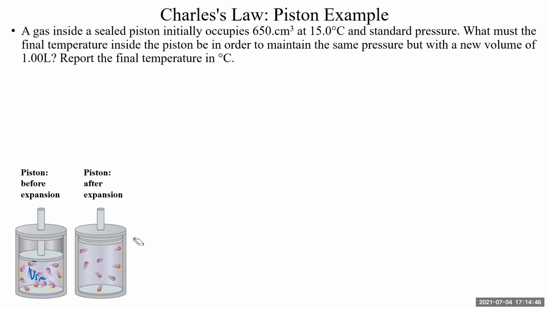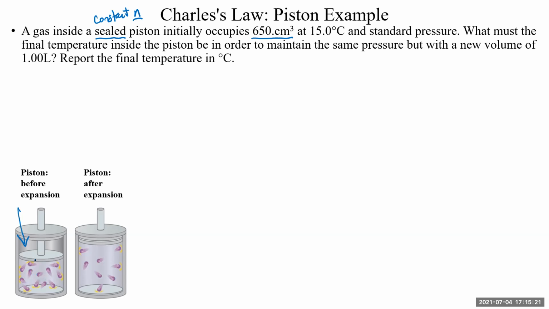Okay, so a gas inside of a sealed piston. Sealed means what? Sealed means constant moles. If the container is sealed, that means no moles of gas can escape and no moles of gas can be added in. So the word sealed is code for constant n, constant moles of gas. A gas inside a sealed piston initially occupies 650 cc's at 15 degrees Celsius. So this is before the expansion of the gas.